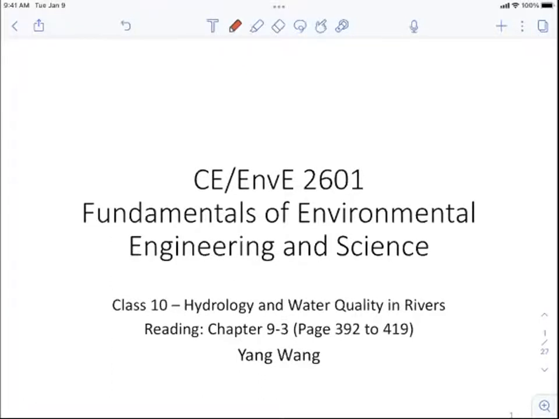So from this class, we're going to learn a new topic, and that's about water quality, right? As you know, for this class, we will spend maybe more than half of the time talking about water treatment and wastewater treatment. If you recall what we have gone through, we talked about the fundamental chemical theories.